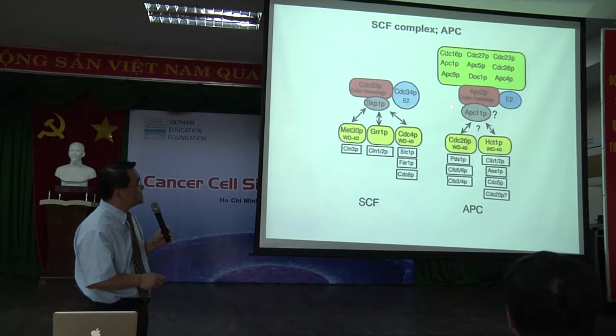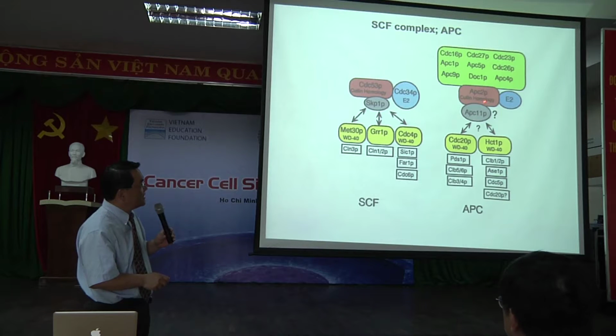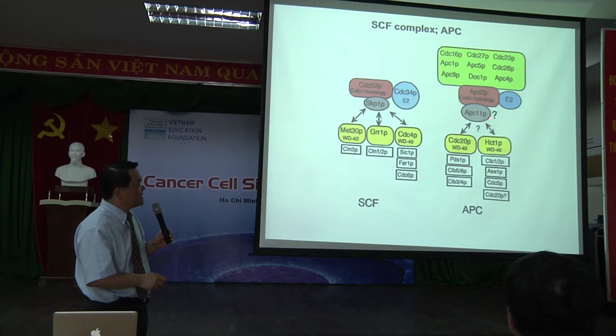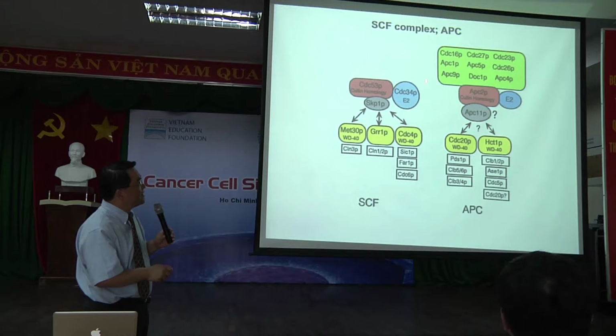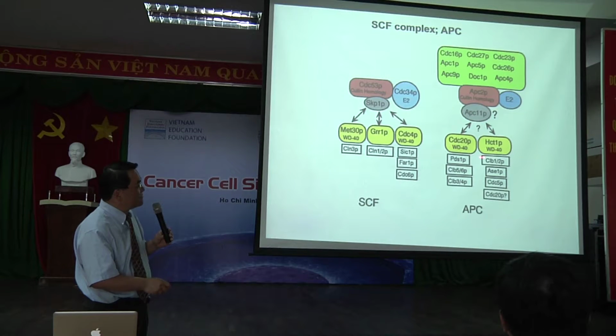They have several components: APC2, APC11, an adapter, and then a whole bunch of other proteins, APC1, APC5, etc. The adapter is able to combine with several other types of protein, including CDC20, CDC1, or sometimes CDH1, and then they have an individual target protein.